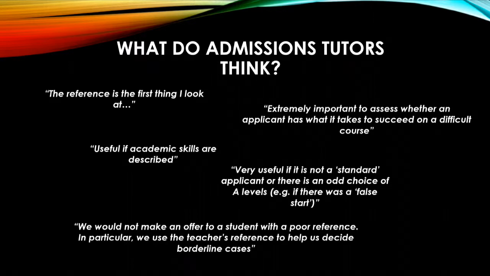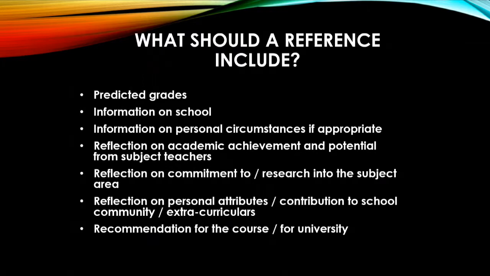In particular, we use the teacher's reference to help us decide the borderline cases. So really, a strong academic reference can be the difference between the student perhaps getting an offer on the course and the student not receiving one. So what should be included in a reference? Well, firstly, the student's predicted grades should definitely be there, what they are likely to attain in their A-levels or their BTEC.